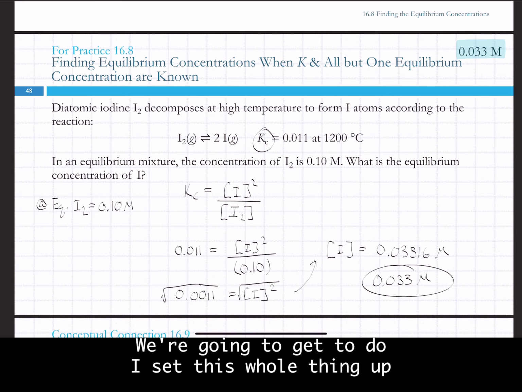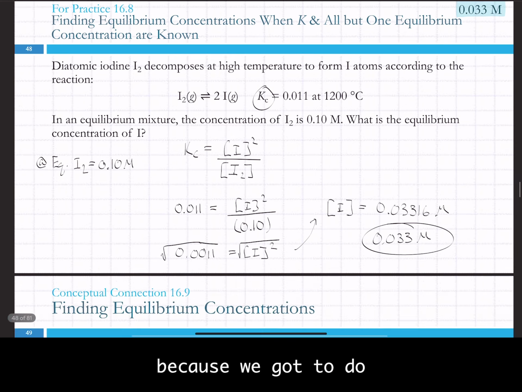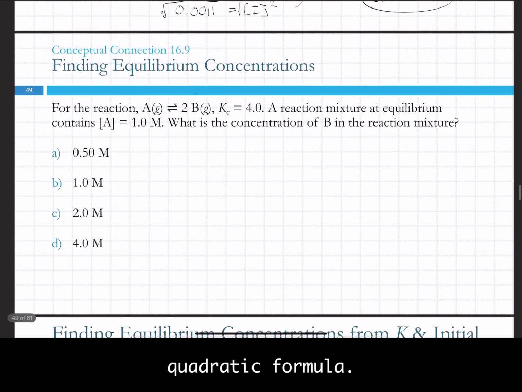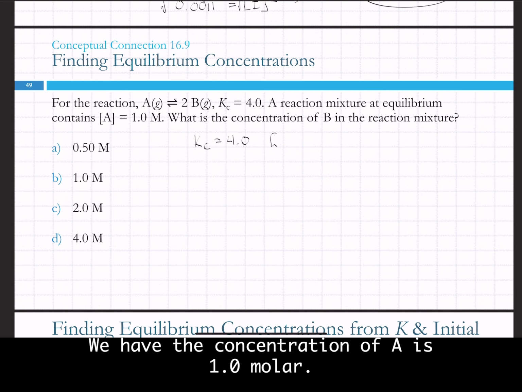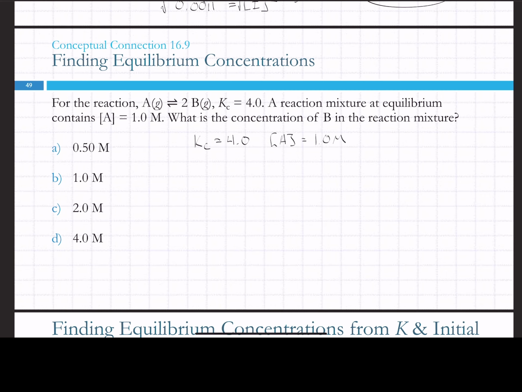We're going to get to do quadratic formula, I set this whole thing up for that. Oh, yeah. So same kind of problem. We got some reaction. We know K. So we got Kc is 4.0. We have the concentration of A is 1.0 molar.